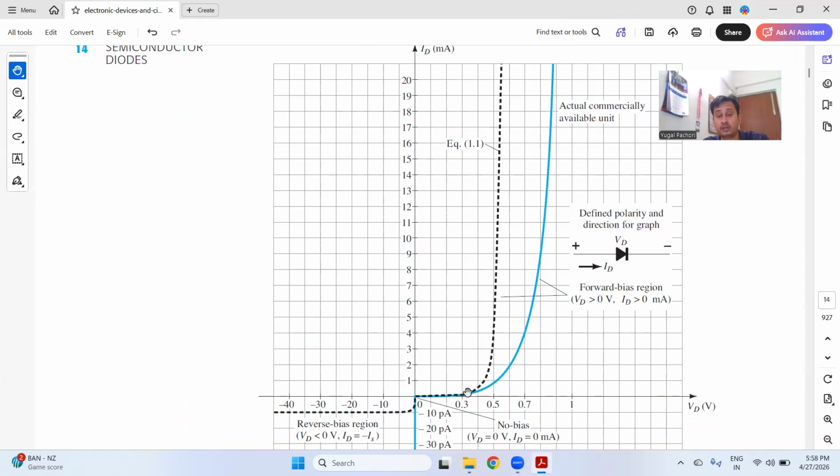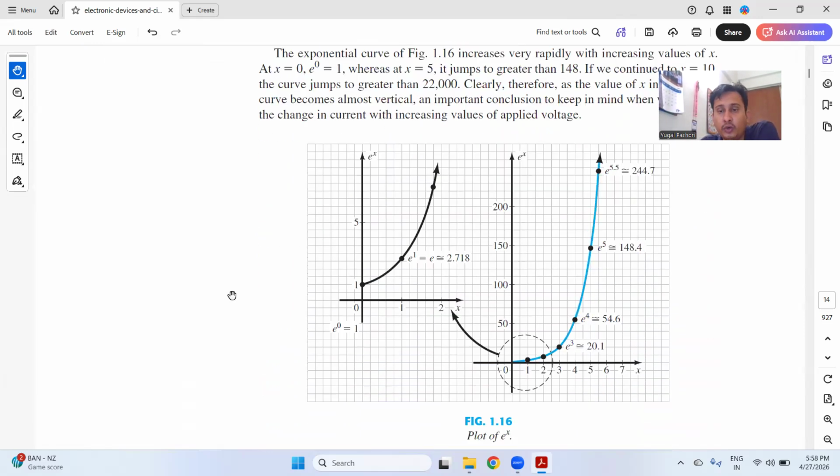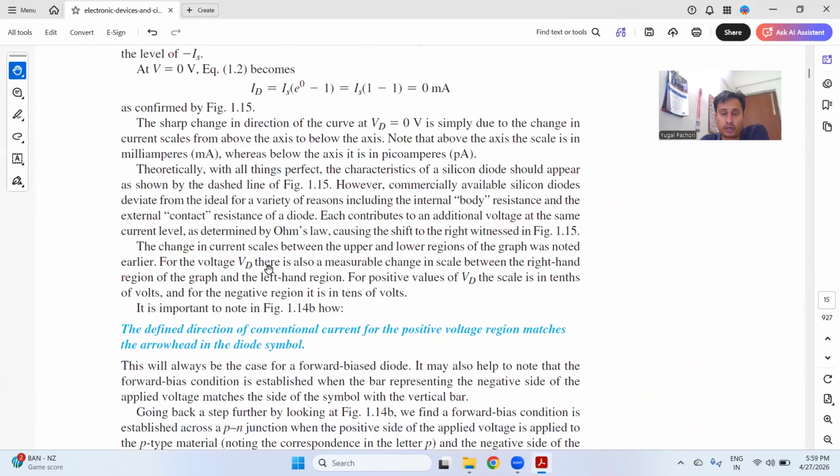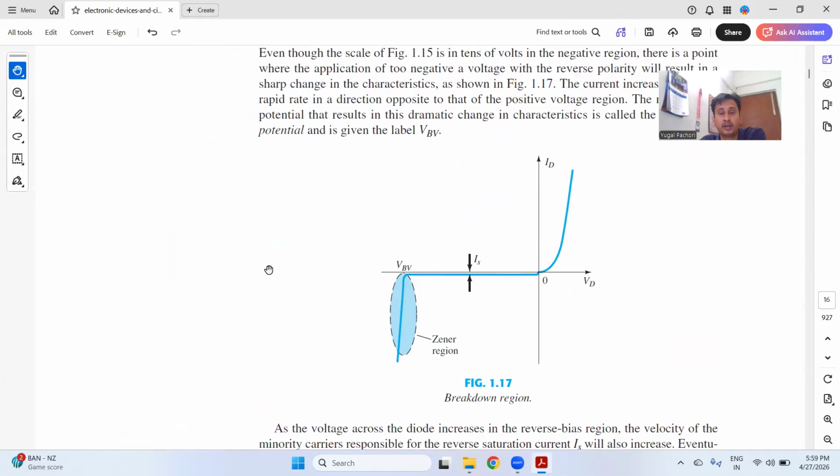And you can see there is a blue line and this dotted line. These are the two currents which increase with application of the voltage. So this is the voltage current characteristic. You can understand with this particular diagram as well. This is an exponential plot.